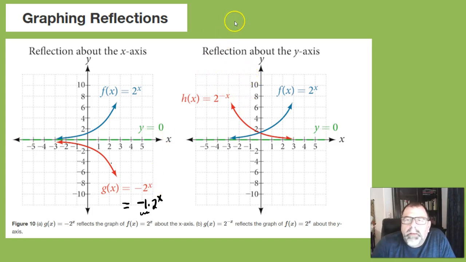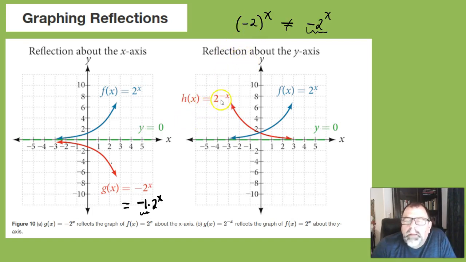Note that -2 to the x is not (-2) to the x, right? If you don't have parentheses, this one is what I wrote down here, -1 times 2 to the x. So you do 2 to the x first, and then times it by -1. The other one, (-2) to the x, will not be an exponential function because the base has to be a positive number. So remember, be careful about that.